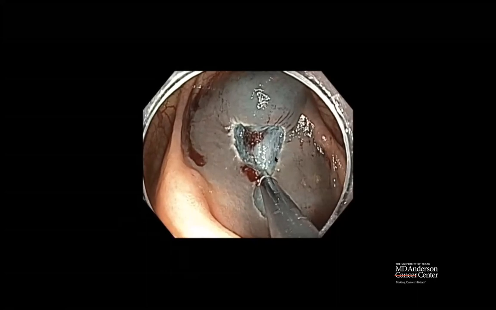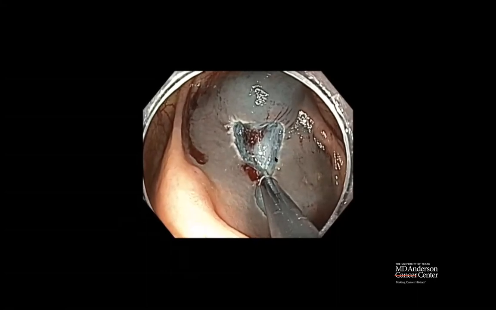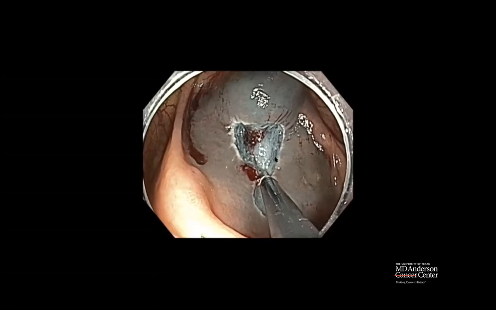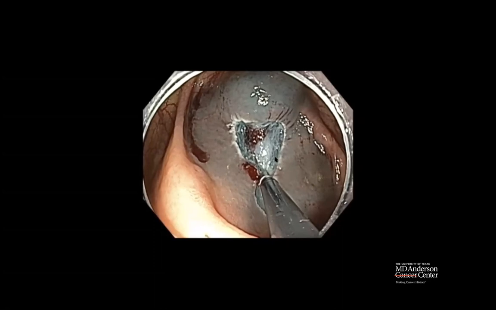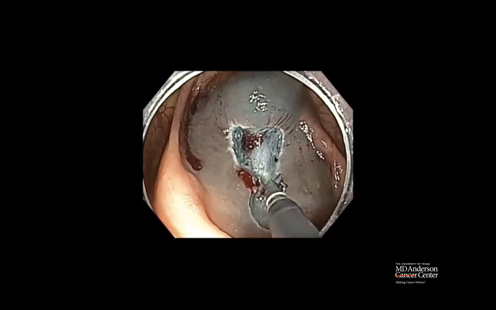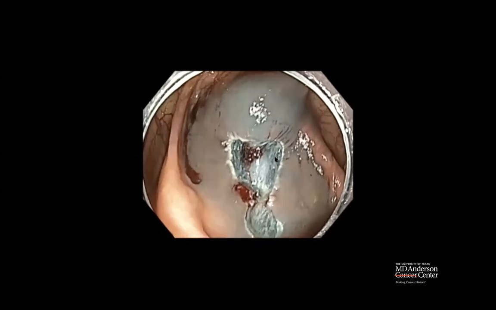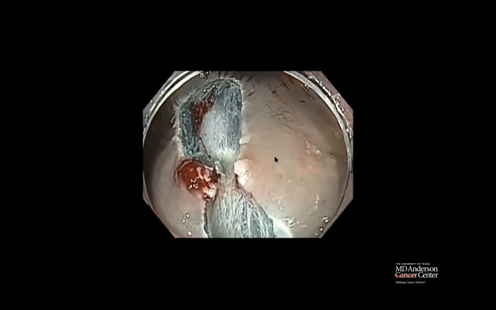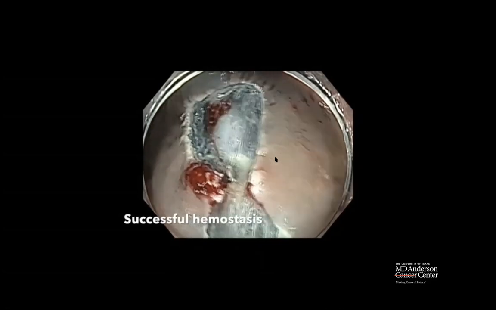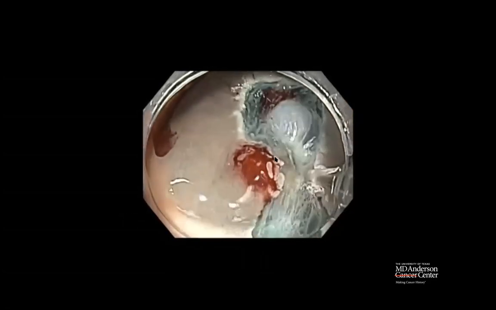And before I pulled out, I opened and watched. Once I was comfortable that we achieved hemostasis, then I pulled the instrument back. So here is a vessel that's been sealed with soft coagulation. After that, you complete the remaining resection and close the defect.